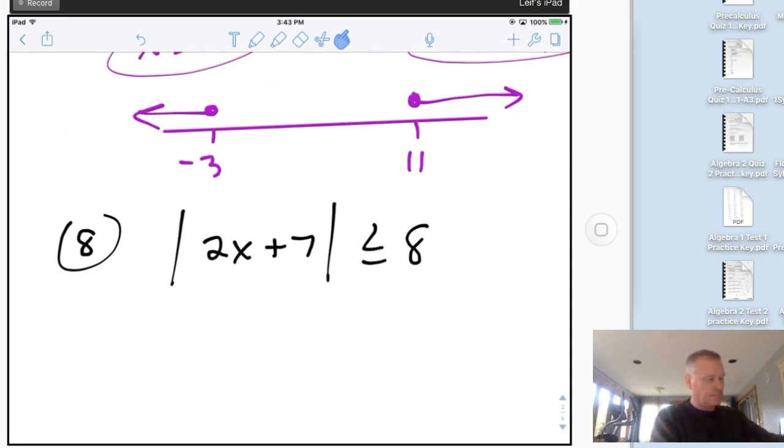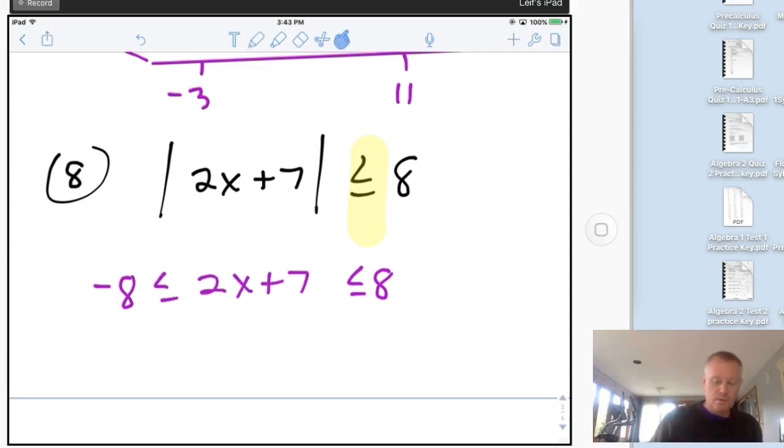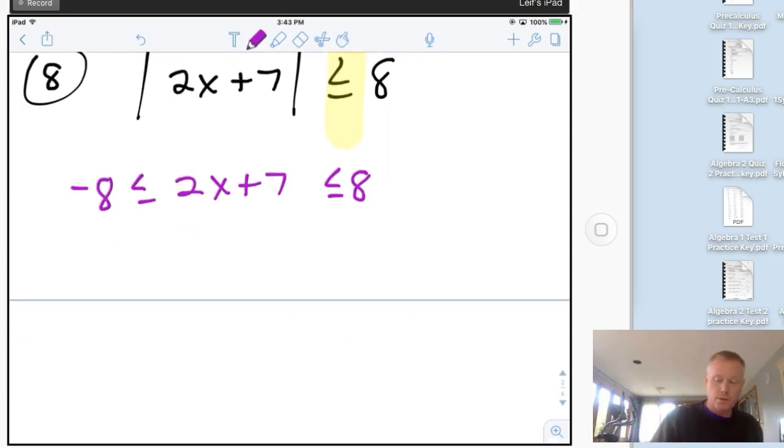All right, how about this one? So this one's nice because it's kind of like that first one I did where it's a less than a positive one. So you can set it up like a compound if you want. You could also do case 1 and case 2. So if I go negative 8 and 8, then in the middle I go 2x plus 7. You could do it the other way also. Maybe I'll show you.